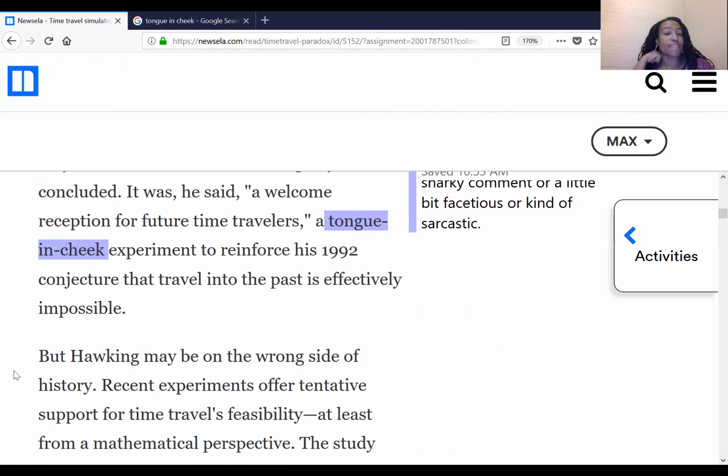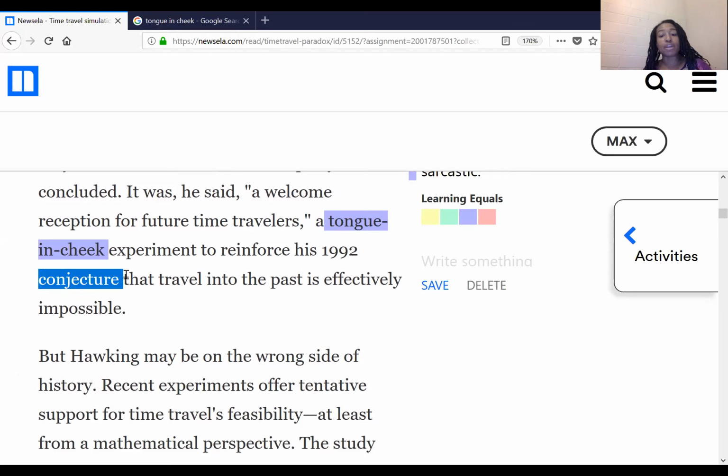An experiment to reinforce his 1992 conjecture. Conjecture, this one I can look at as vocabulary, but I am actually making a text-to-text connection from yesterday.